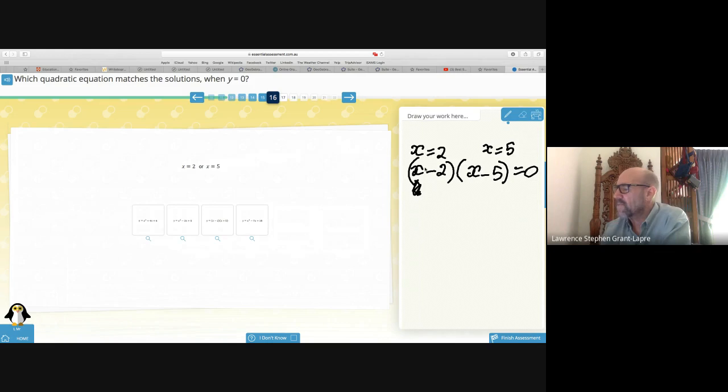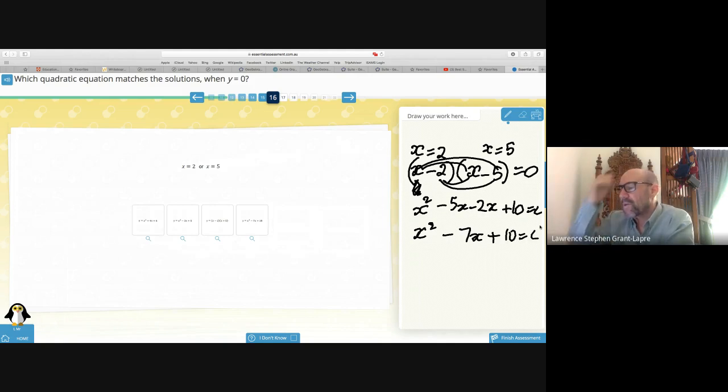And then you expand that, you get x squared minus 5x minus 2x plus 10 equals 0. X squared minus 7x plus 10 equals 0.